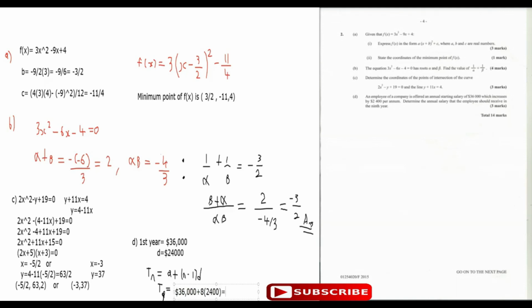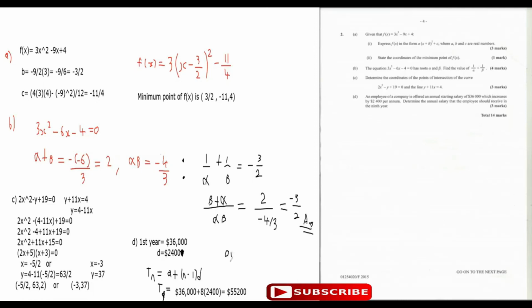And so we work that out, and that will give us 36,000 plus 8 times 2,400. And that's $55,200. That's how much the person can expect to make in the 9th year. That's one way to do it.